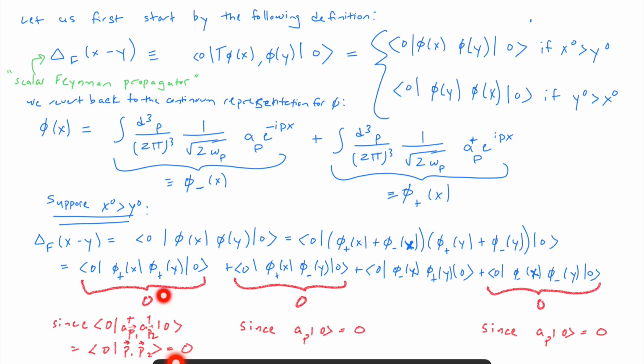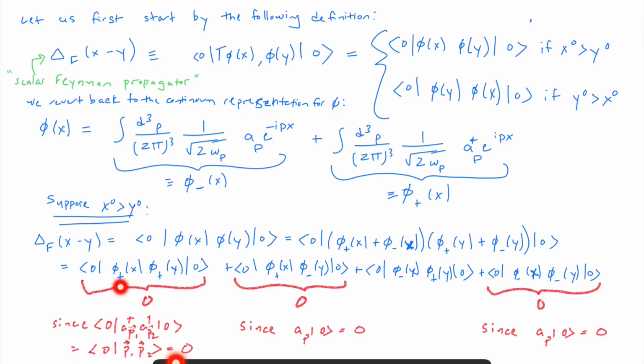The first term is a little bit different. Here I have a creation operator. These are a collection of creation operators over here, phi plus, the way we're using it, is a creation operator. So I'll get a whole collection of different states of all different momenta, P1, P2, P3, P4, which is not 0.